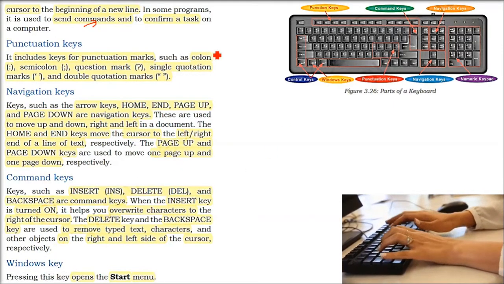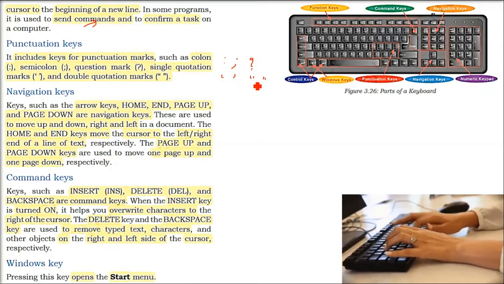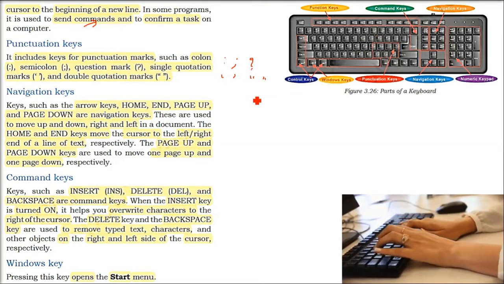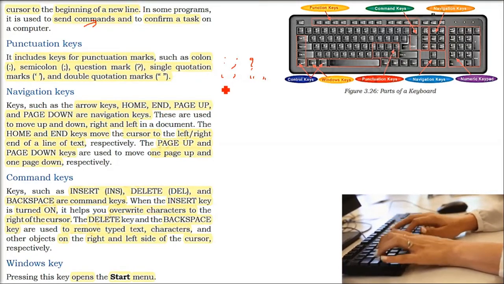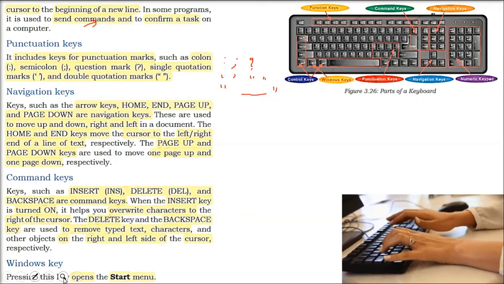Coming to punctuation keys. Punctuation in English, what do we have? We have colon, semicolon, question mark, the single quotation mark and double quotation mark. So normally these are used in programming languages, and in normal typing, MS Word, text documents. Okay, you are going to write some book name or some quote, so you will give the double quotes.